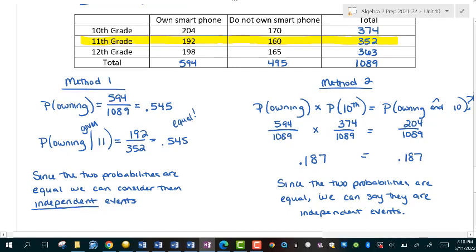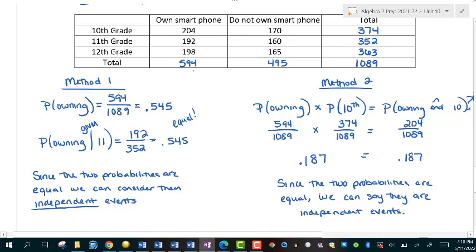Now, method 2, dealing with our multiplication, would go like this. So if I took the probability of owning, for this example I chose a different grade just to show you here, times the probability of being a 10th grader, does that equal the intersection of owning and 10th grader? So the probability of owning a smartphone was 594 over 1,089.